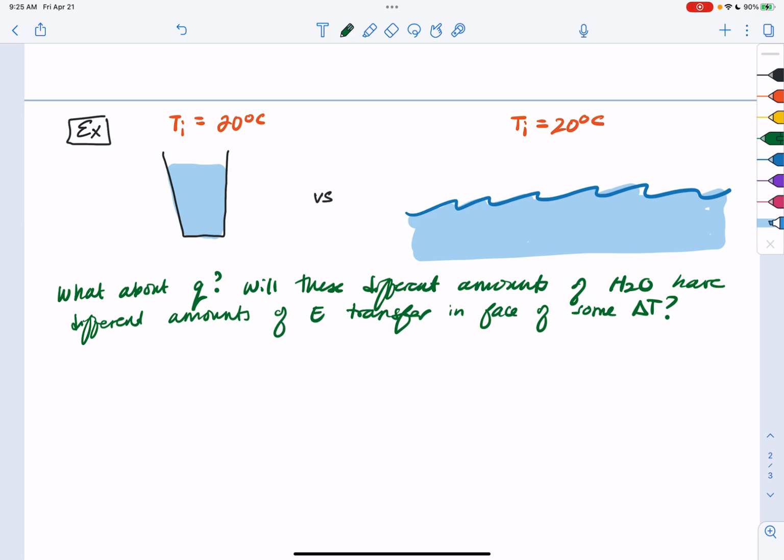So let's say that I wanted to bring both of these systems, my glass of water and my ocean, to some final temperature of 40 degrees centigrade.